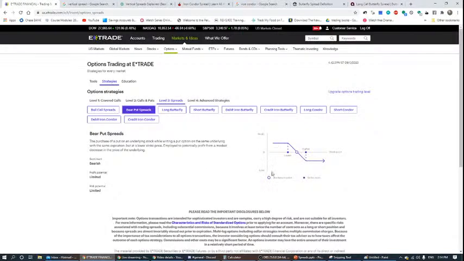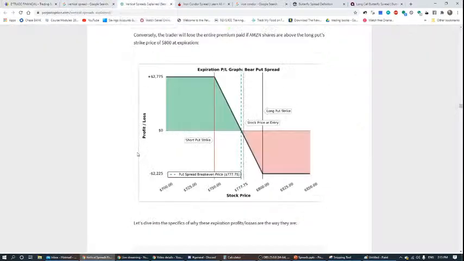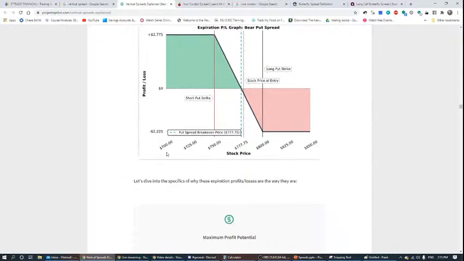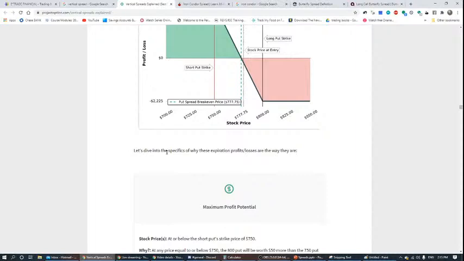Then you're going to buy a put debit spread. That's your first option. If you know the stock and the market are going to go lower, you just buy this. That link in the description below explains all this. I will put up a PowerPoint so everyone can follow along.